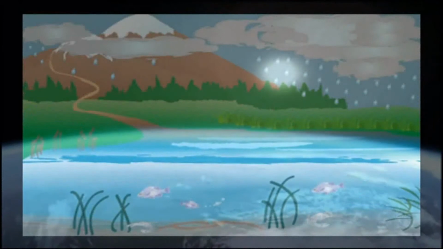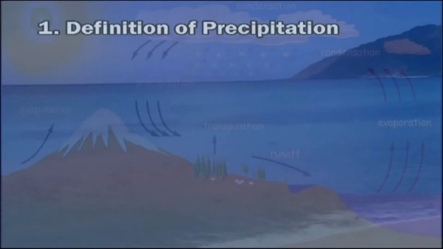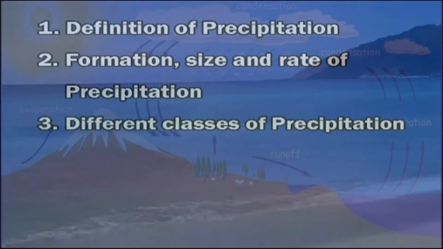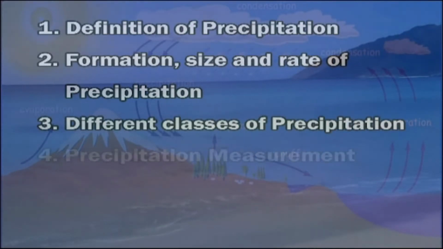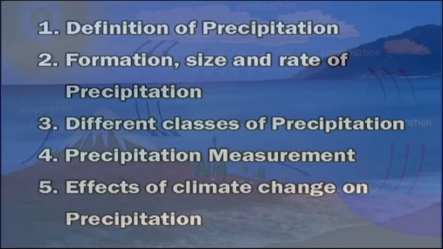As such, precipitation is an interesting topic, and today we are going to discuss this topic under the following captions. They are definition of precipitation, formation, size and rate of precipitation, different classes of precipitation, precipitation measurement and effects of climate change on precipitation.